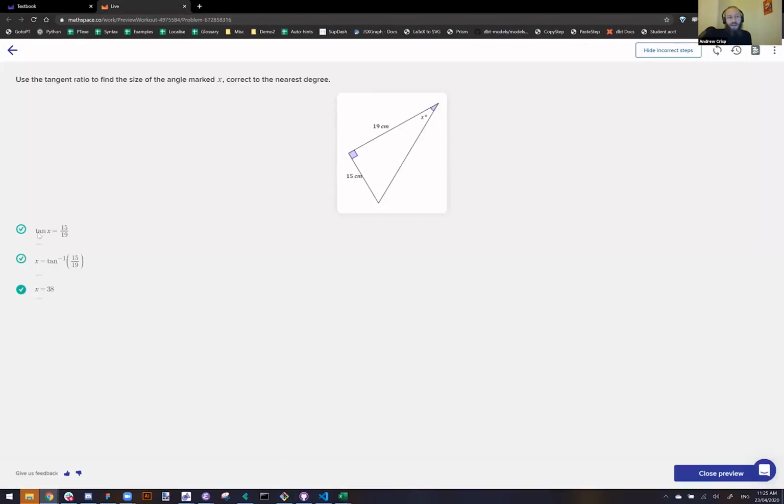So the tricky part is actually to make this equation in the first place. The reason that I chose tan is because I knew the opposite side and I knew the adjacent side. I did tan of the thing I want to find is opposite divided by adjacent, and then I end up with x equals 38 once I do the regular tan inverse thing.